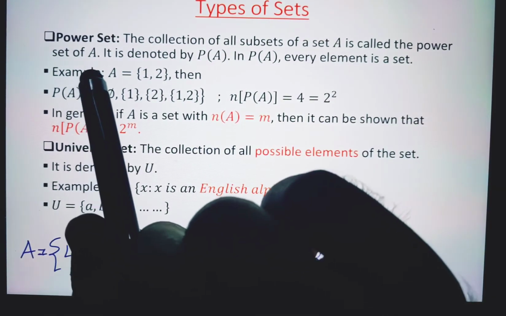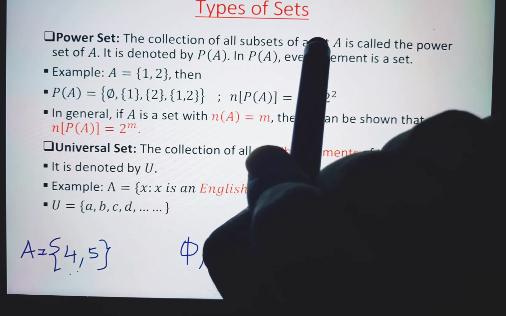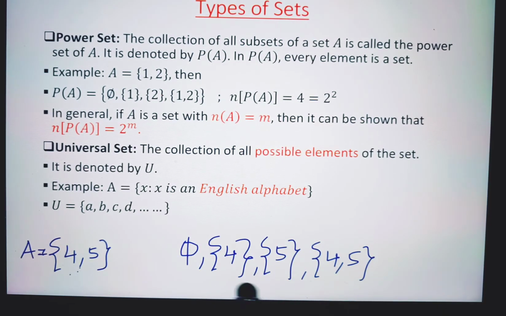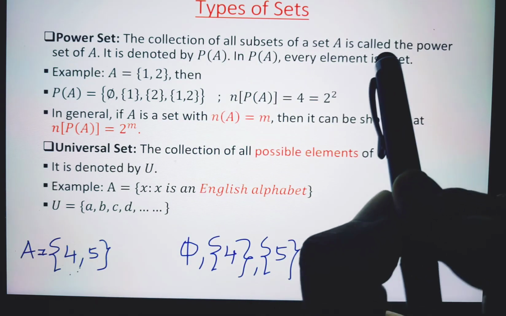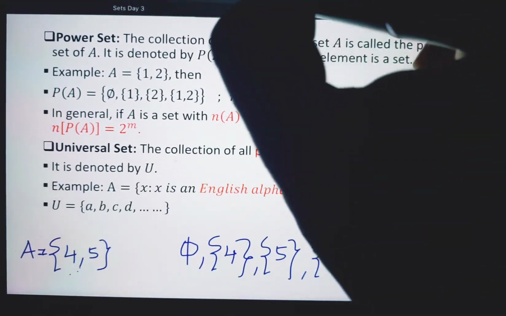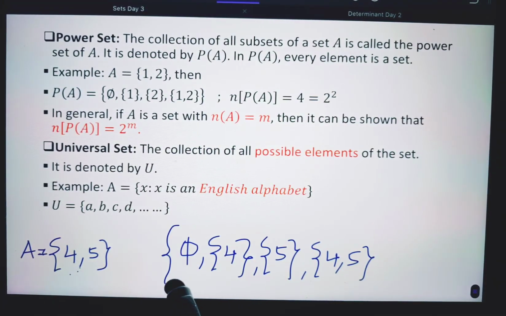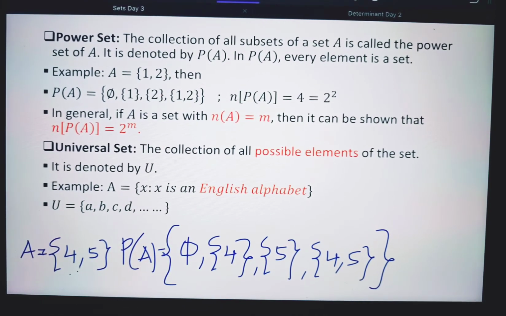Now it says, read it carefully. The collection of all subsets of a set A. We have listed all the subsets of set A. The collection of all the subsets of set A is called the power set of A. I have collected all the subsets of A, and the collection of all those subsets gives us the power set of A, and the power set of A is denoted by P of A. Am I clear?